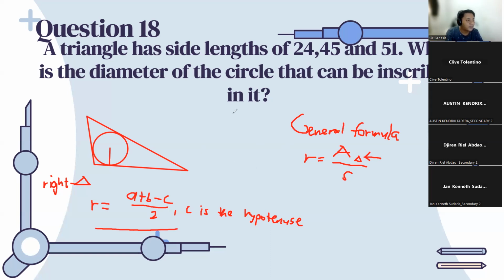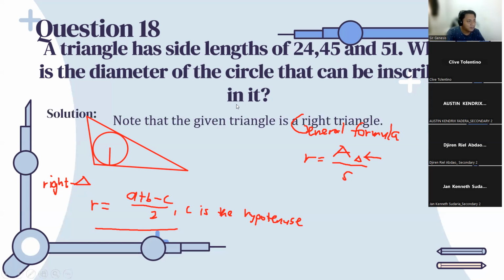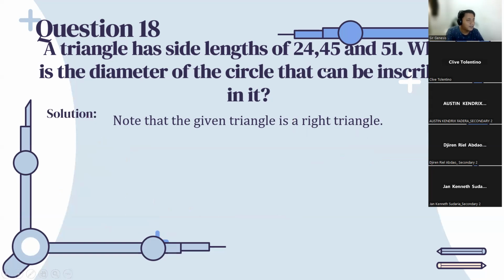Okay, so first, if you look at the given, that is somehow familiar, because that is actually a Pythagorean triple. Now, how do you determine if the given is a right triangle? If it follows the Pythagorean theorem, then it is a Pythagorean triple.